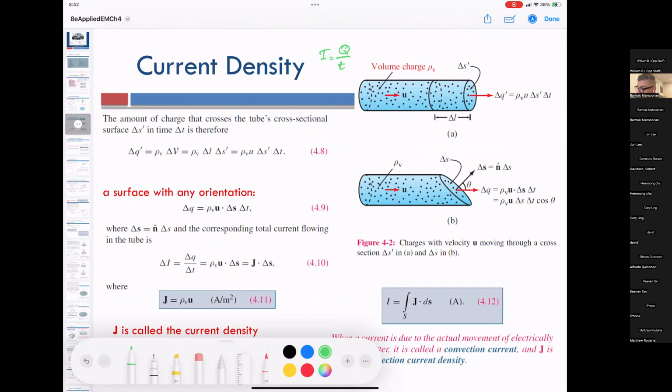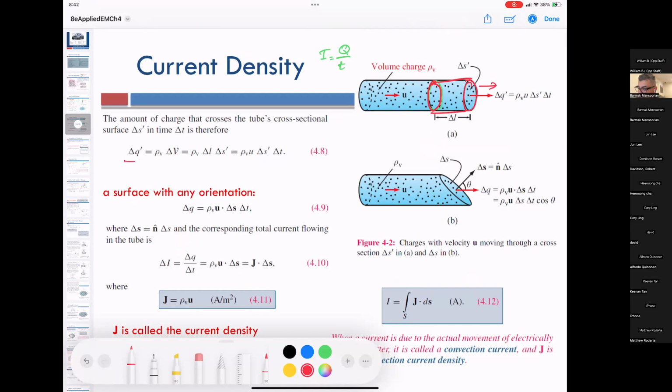So if we were looking at a volume of charge, part of the cylinder here on the right, and thinking about this cylinder moving along, it would have a certain amount of charge in the cylinder, traveling from left to right at a certain distance, which would be the current.